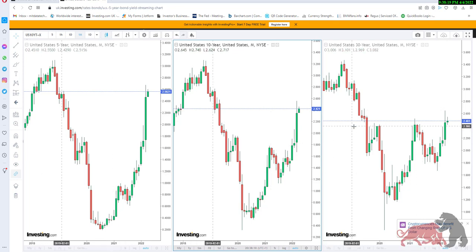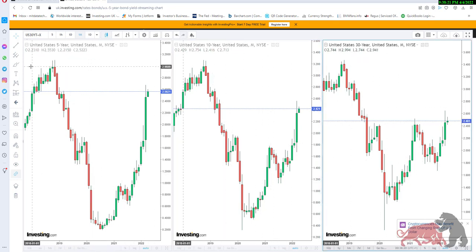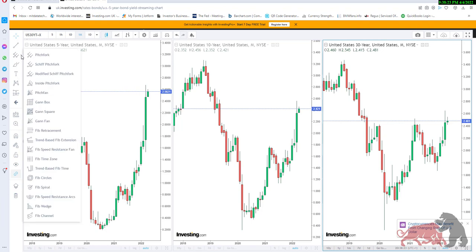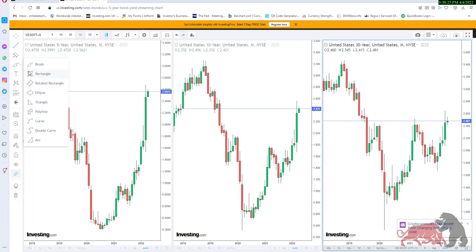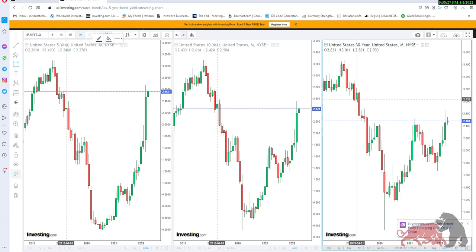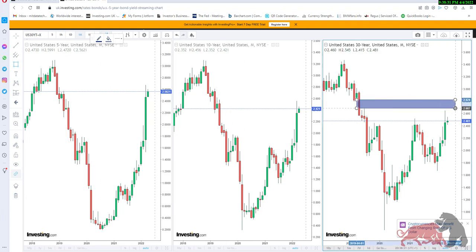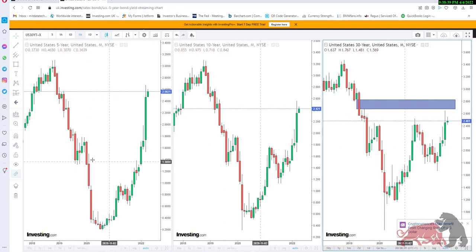Now, when we look at these interest rate markets, starting with the 30-year yield, you can clearly see the imbalance right here, right? This imbalance here is likely to be filled, right? The moment that this imbalance is getting filled, same thing here, we've got imbalance here.